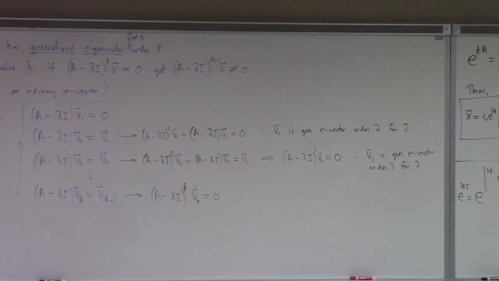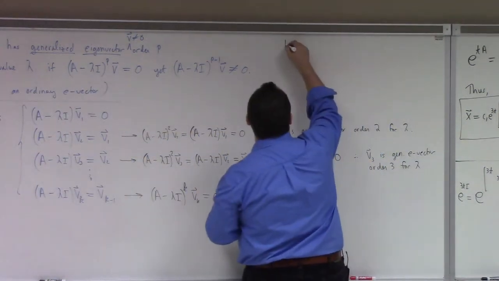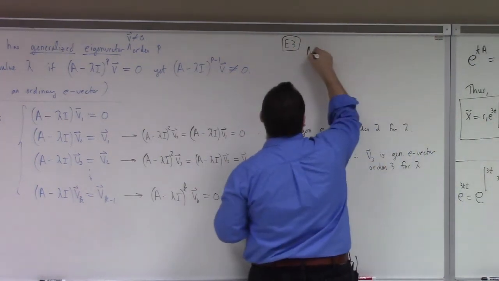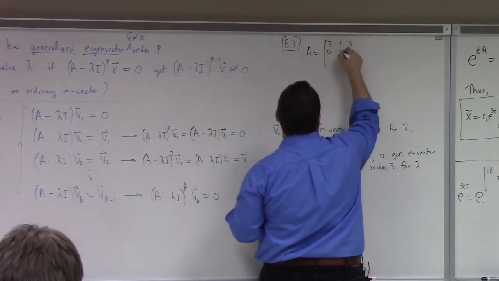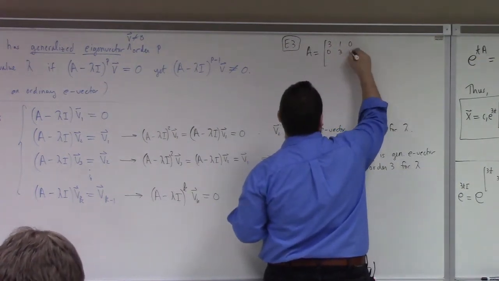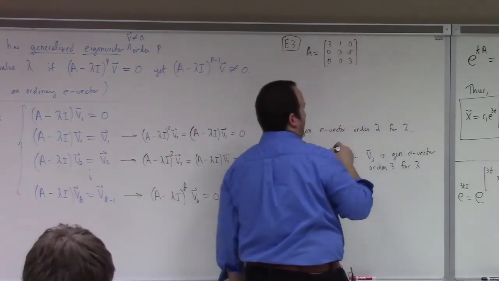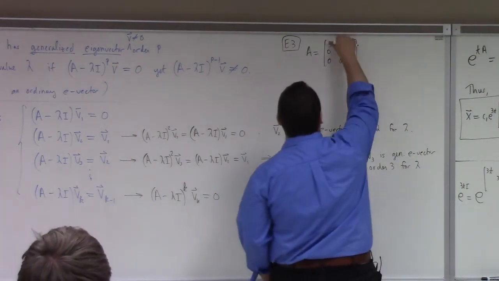Okay. Now, before I show you how this solves differential equations, let me just give you an example of this. We can pick on this matrix. This one right here, we can find a 3-chain. Oh, that's unfortunate. Tell you what, I'm going to change it up so it's not 2, 3, too many 3s.